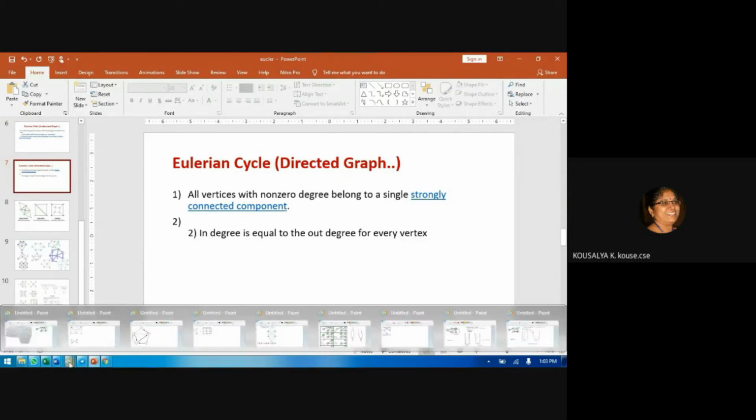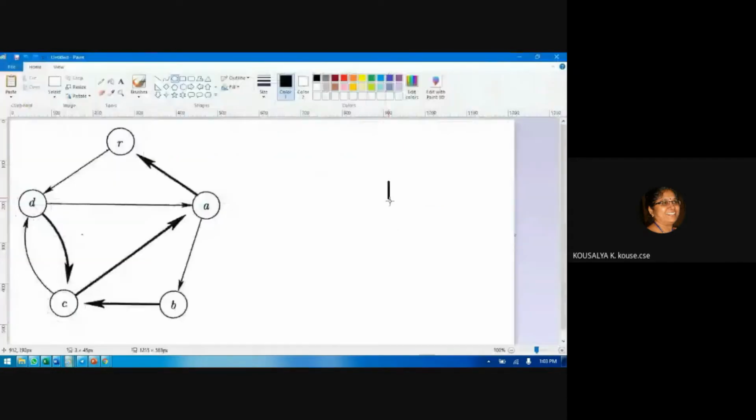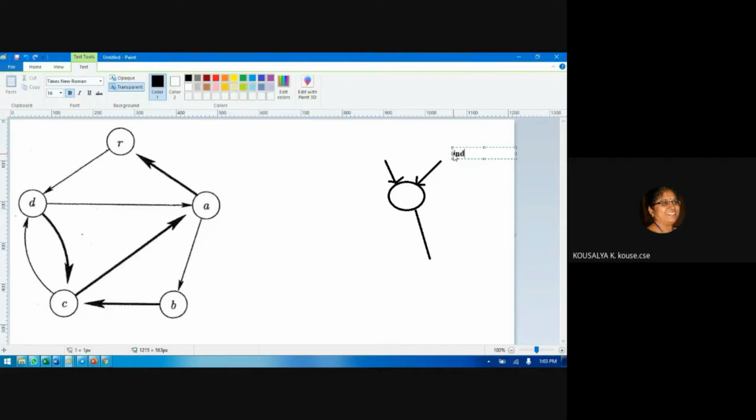What is in degree and out degree? If you consider an edge, an arrow, then one incoming arrow needs one outgoing arrow. This is called in degree: how many arcs point to a particular vertex. So here the in degree of this one is 2, and the out degree is 1.